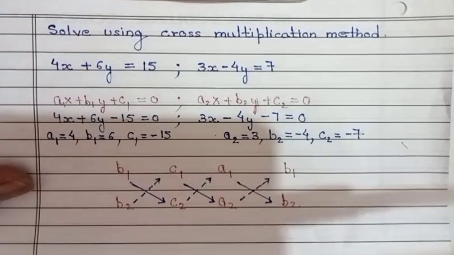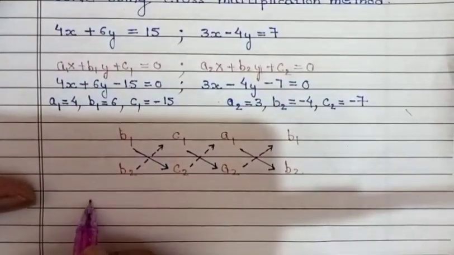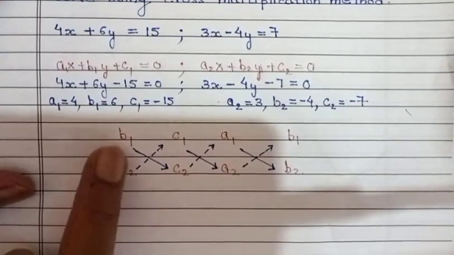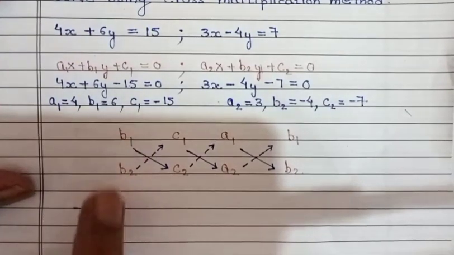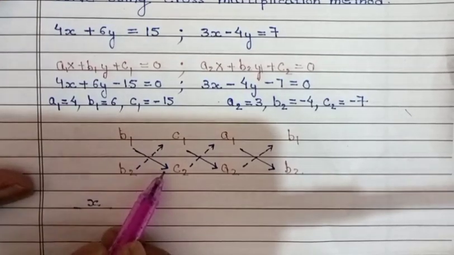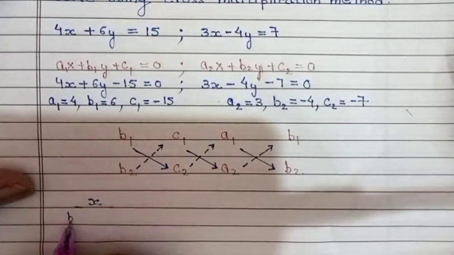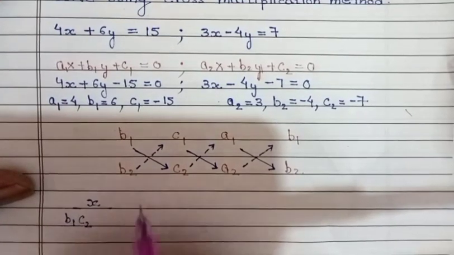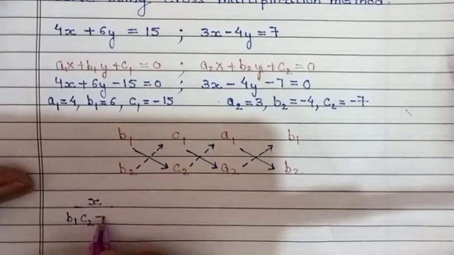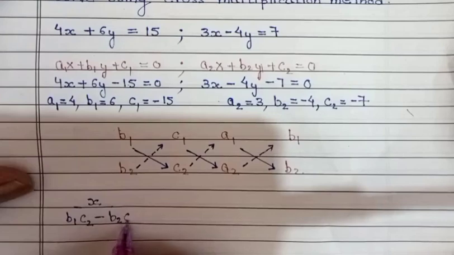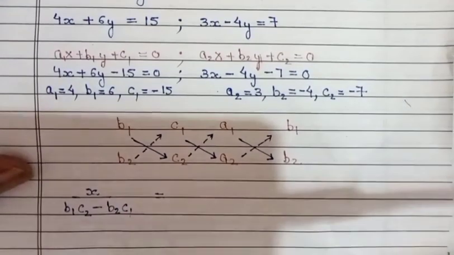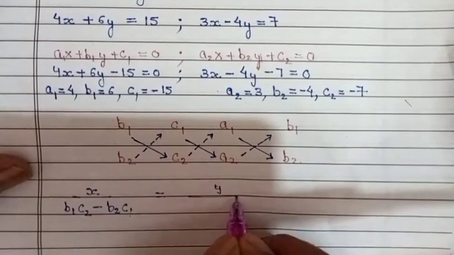Now what to do next? Now you will write x upon, and under x you will write difference of these two products. Remember, this continuous line product will be taken first, so it will be b1 c2, and then this broken arrow product will be subtracted, minus b2 c1. You will write like this, is equal to, then it will be y upon.